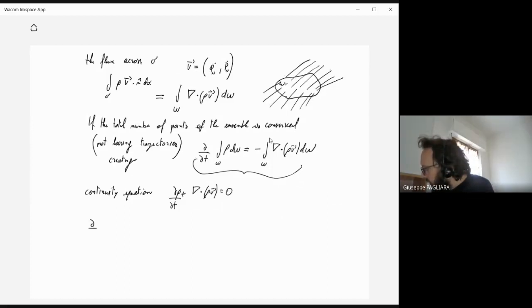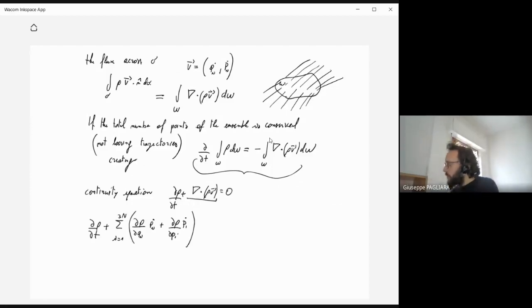Here I have the partial derivative of rho with respect to time, plus, when computing the divergence of this quantity, a sum from i=1 to 3n of the partial derivative of rho with respect to qi times qi dot, plus the partial derivative of rho with respect to pi times pi dot, where I'm computing the gradient of rho and doing a scalar product with the velocity.